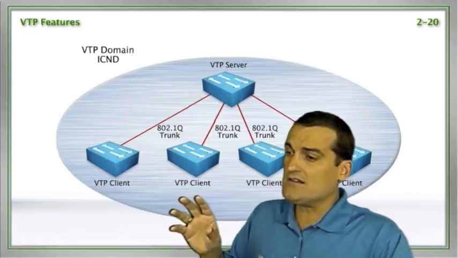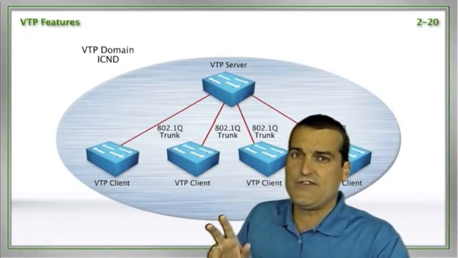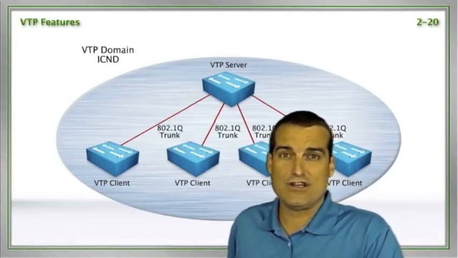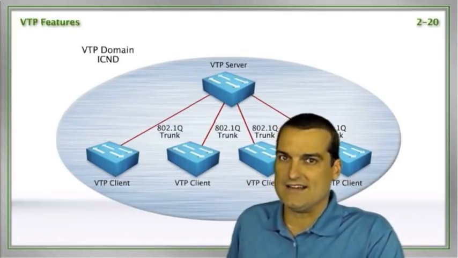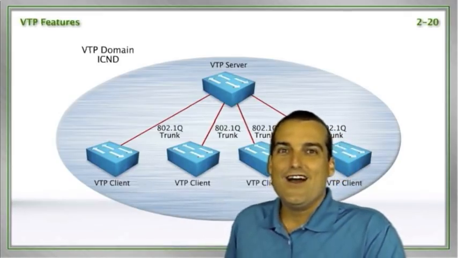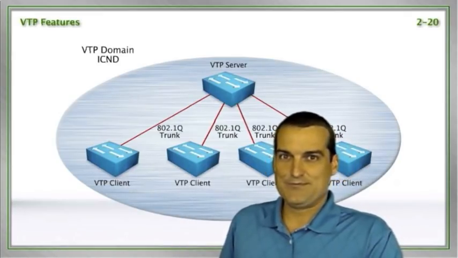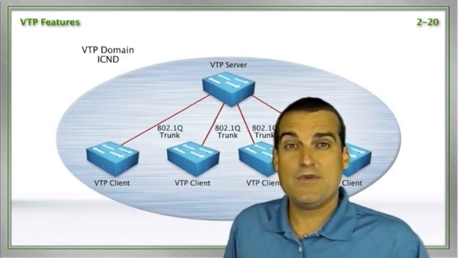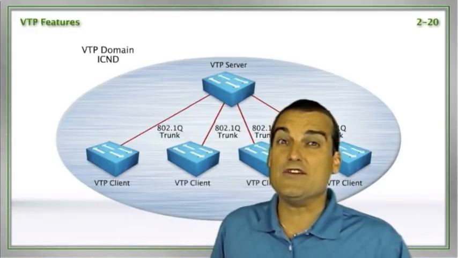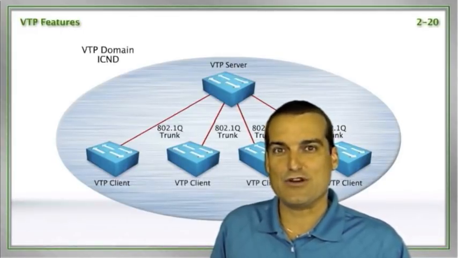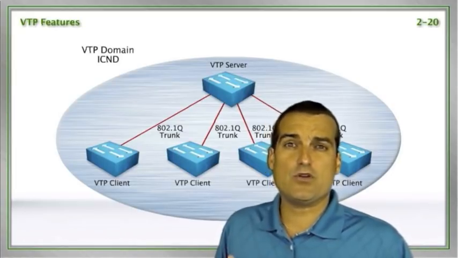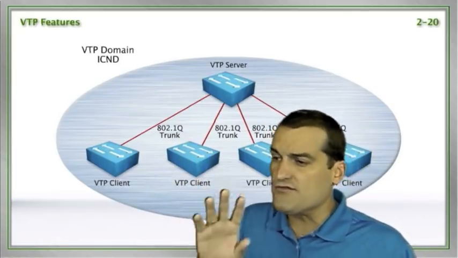This technology is only going to function over bona fide 802.1q, for example, trunk links. It is not going to function over non-trunk links. So that's one good thing about the name, but a much better name would be the VLAN management protocol.